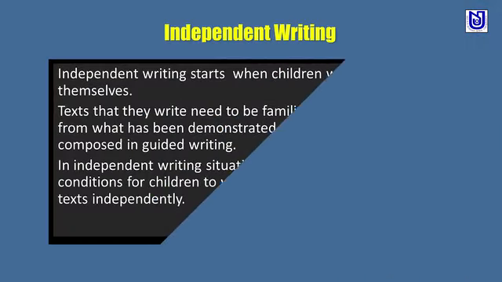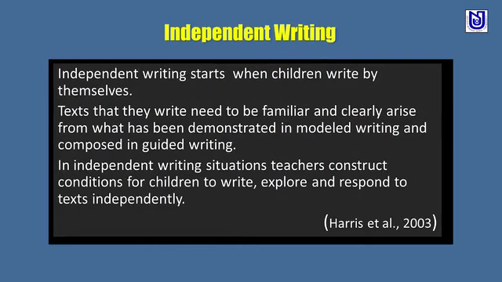So independent writing starts when children write by themselves. This is a very simple take on it: a child generally imitates and writes, and one fine morning the child declares, okay, I want to write about this. Maybe about a pet, maybe about a best friend or someone or something which has bothered her or him, not you.